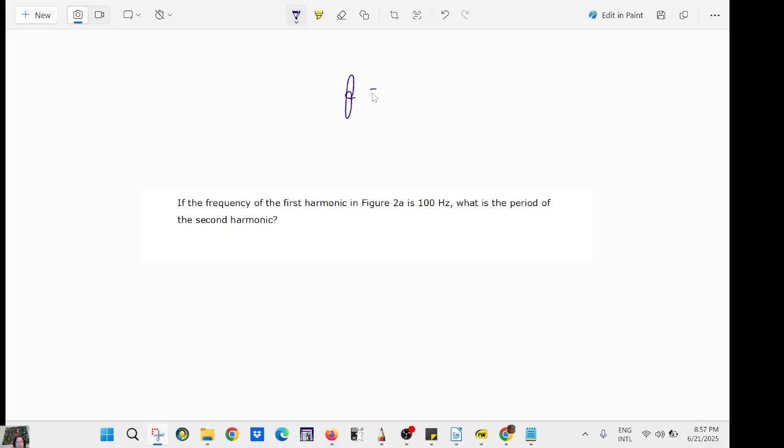The frequency here is 100 Hertz, so the second harmonic will be 200 Hertz. So the period will be 1 over 200, which is 0.005 second.